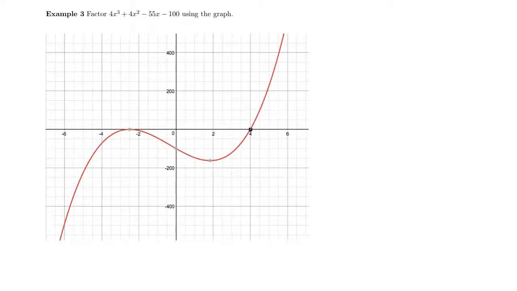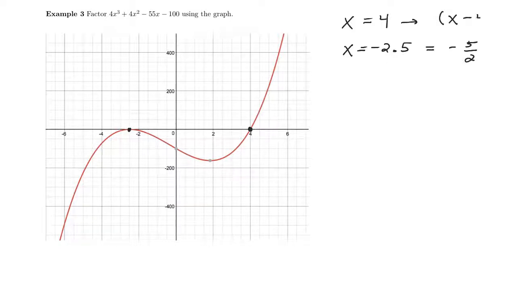So here at 4, we have a 0, but also here, this is going to be -2.5. That's a 0 as well. So if I'm being really careful here, that's -5/2. I'm writing it as a fraction because for x equals 4, I know the factor is going to be x minus 4.